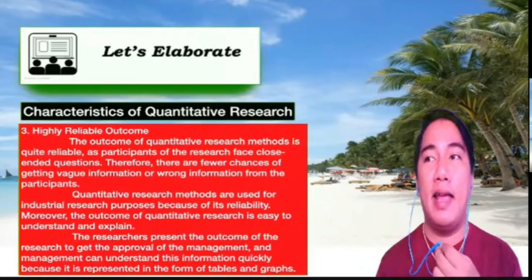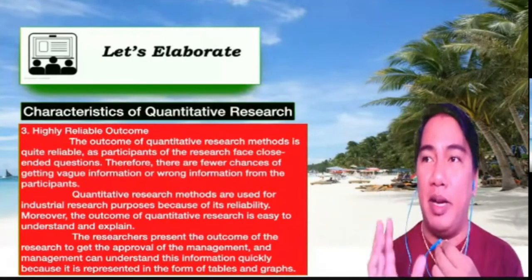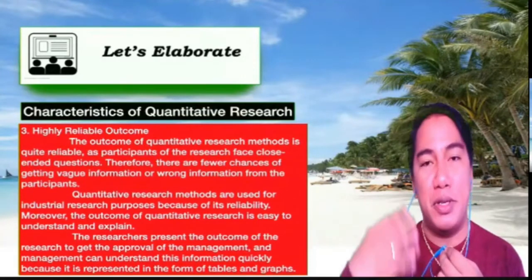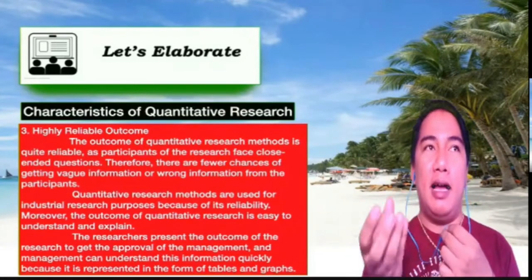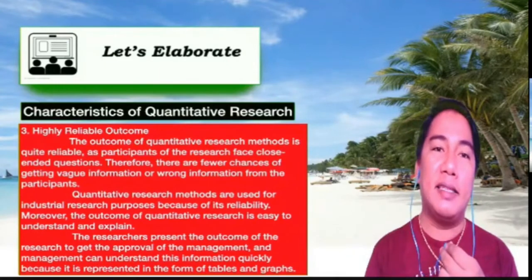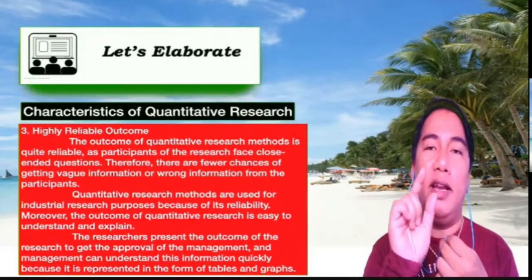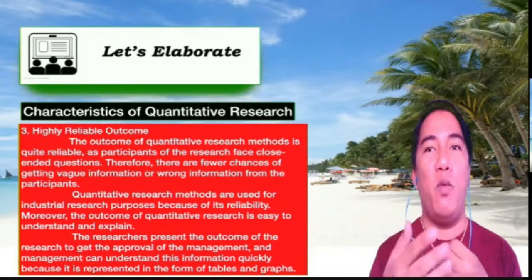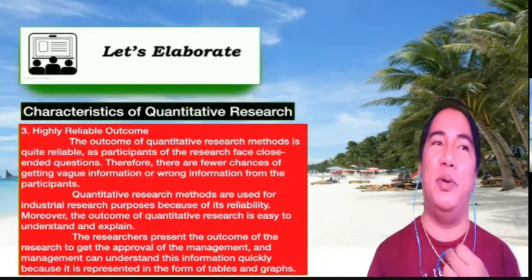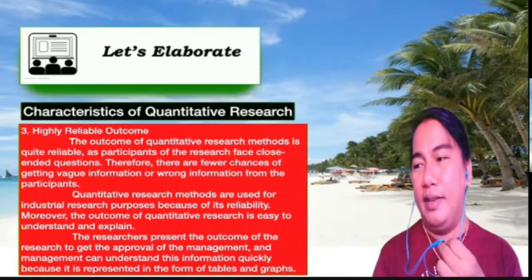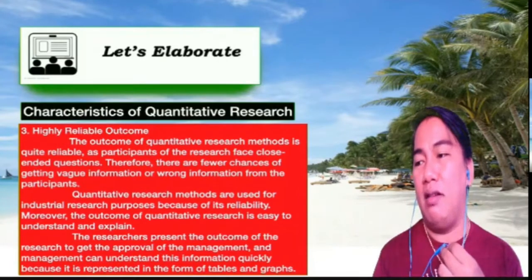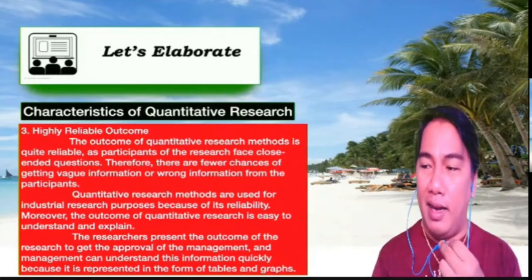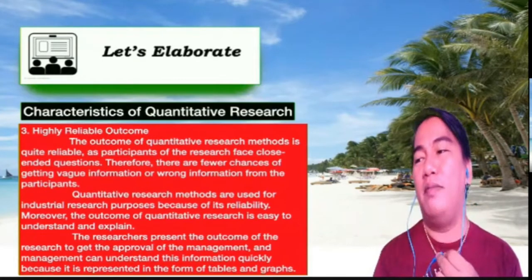Again, you're going to ask your participants their perception or how they see what you are asking on a scale of 1 to 5. So, ang tanong lang, 1 to 5, yes or no, ganoon. Pero, no additional, wala nang explain. Okay? Unlike sa qualitative, more of explanation.